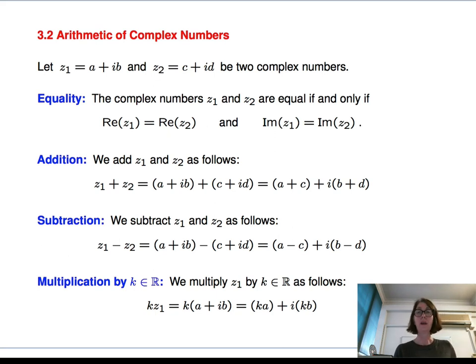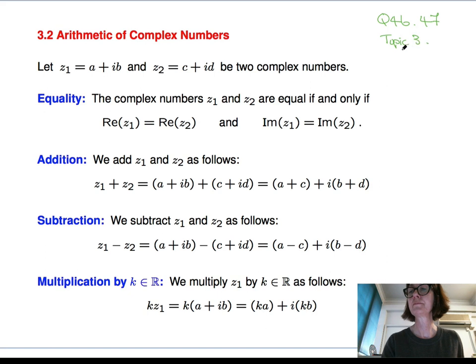If you have a look in the blue problem sheet book, in topic 3, the questions that you might try are 46 and 47 in topic 3. Okay, we'll go on with arithmetic in the next recording.